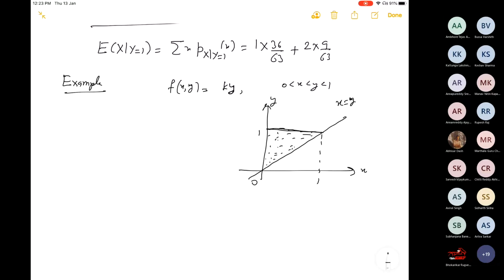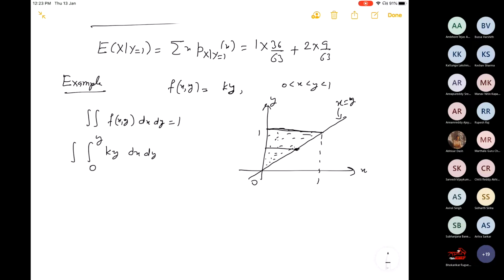We are interested in this region. Because we know that the double integration of f(x,y) dx dy is 1, this implies that the integral of ky dx dy equals 1. So x is varying from here to here, from 0 to y, and to complete this region we should vary y from 0 to 1.